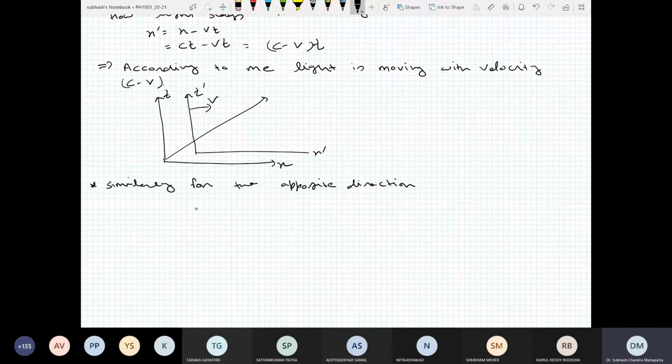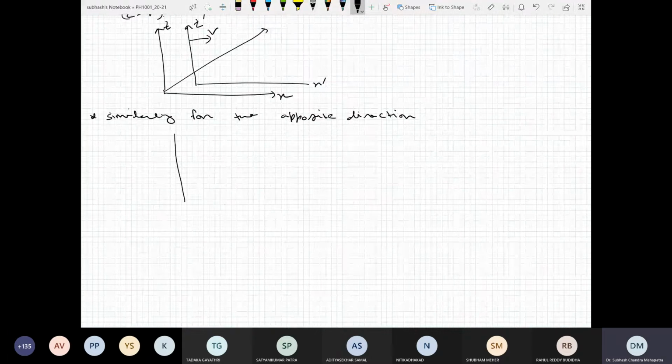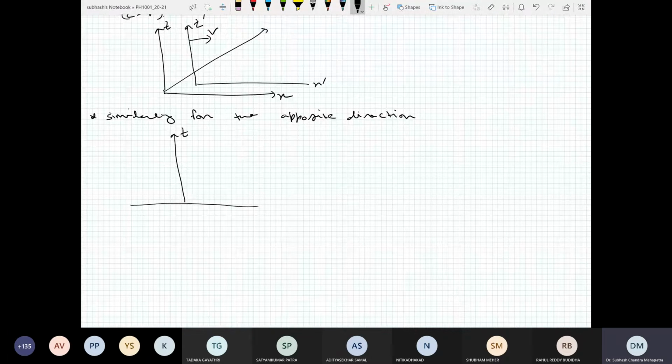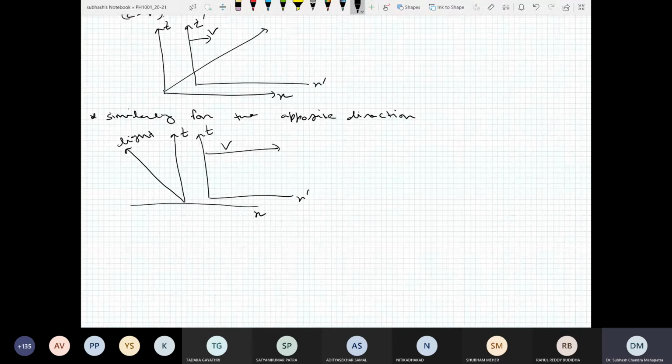This is your axis, t and x. You send the light in this direction, in the negative x-axis. So this is the light ray. I am moving with velocity v in the positive x-axis, this way with velocity v.